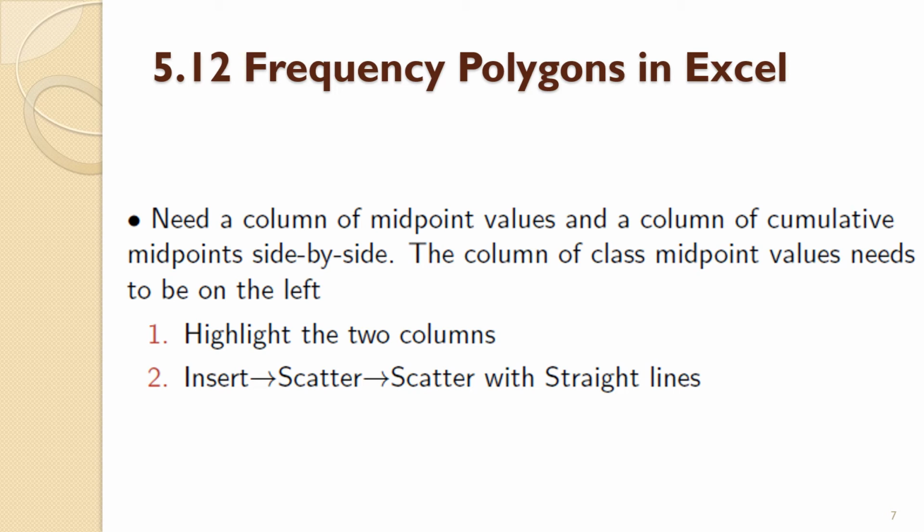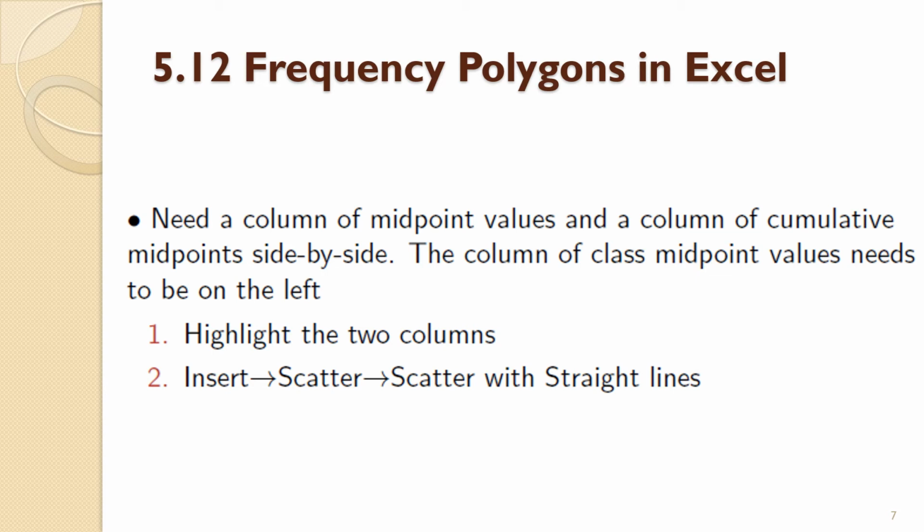You need the midpoints on the left of a column of cumulative frequency values, and then you highlight them and choose insert, scatter with straight lines. I will make sure that there are some Excel examples of this on the Canvas module page.